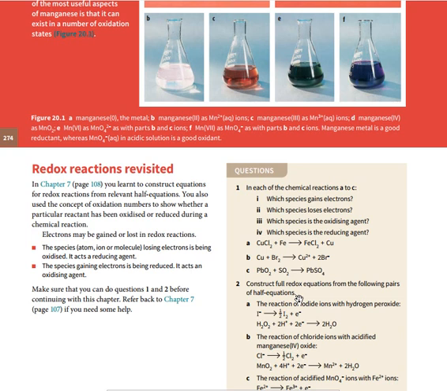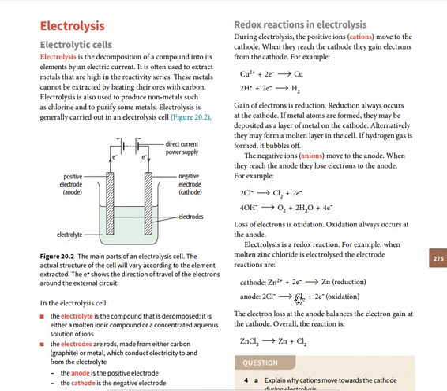So in redox equilibria, we have electrolysis and electrode potentials. Now, what is electrolysis? Electrolysis refers to the production or extraction of metals and other gases or non-metals from electric interactions.